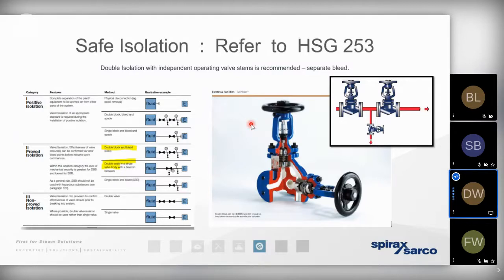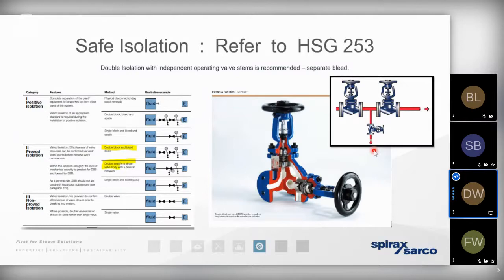So if we've got a failing single isolation valve, there's a health and safety hazard. By moving towards a double isolation, where we've got 2 valves in sequence and a little bleed valve between the 2, we're protecting the operator at the process that's performing that maintenance, and we've also got a little telltale that we've got steam being vented away.